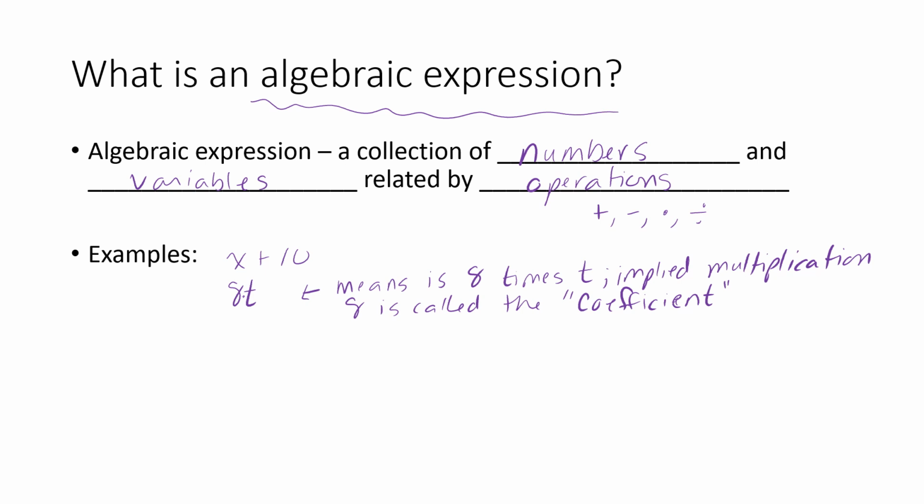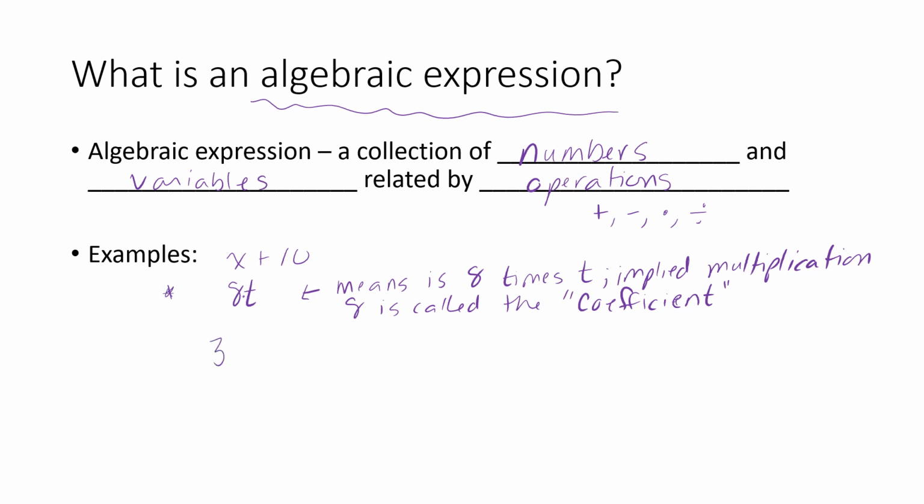That's kind of a big word that just means the number multiplying the variable. Sometimes my students will call it the number out front, but it is important to know that it is multiplying. You might see coefficient used if it's operating, say, something like a square root. So that's a really, really important thing to know, again, for when we get to equations.